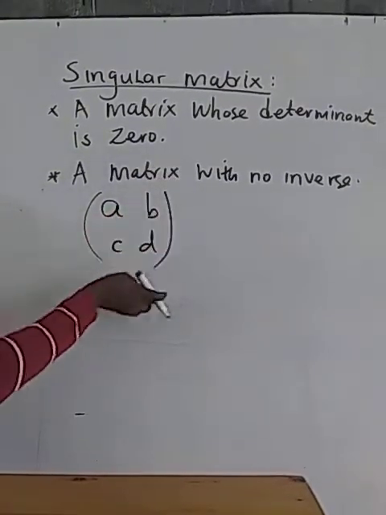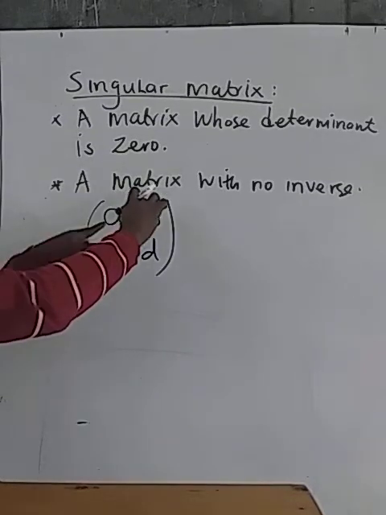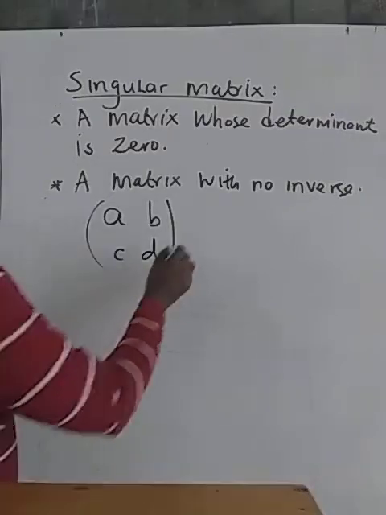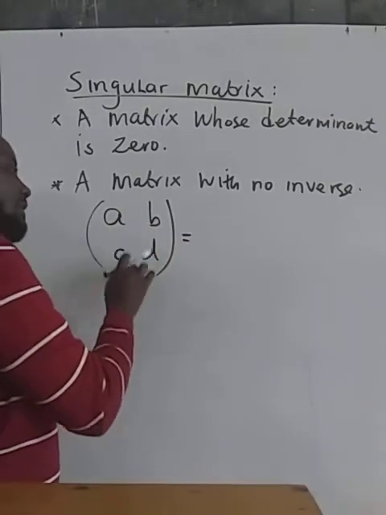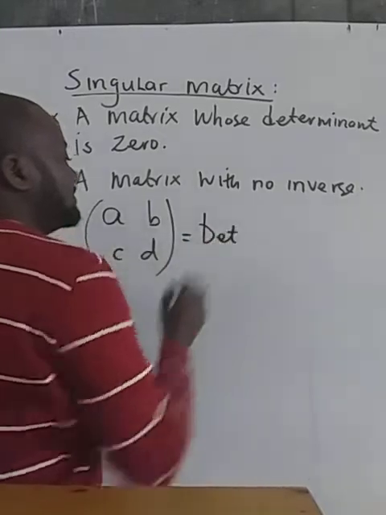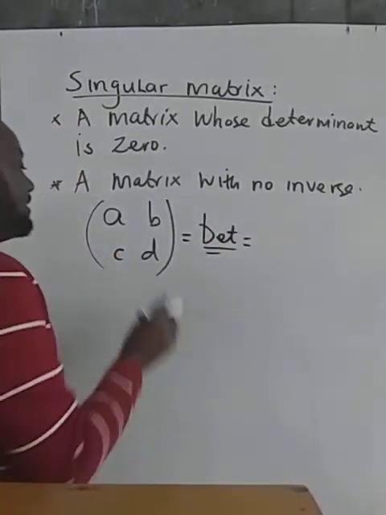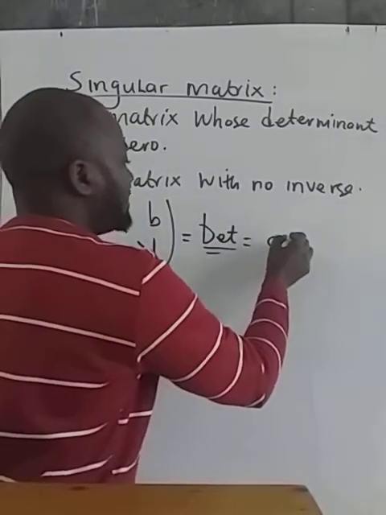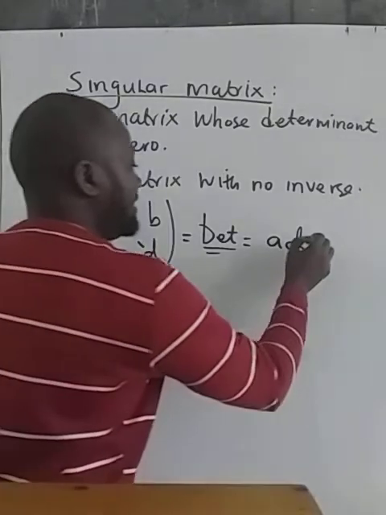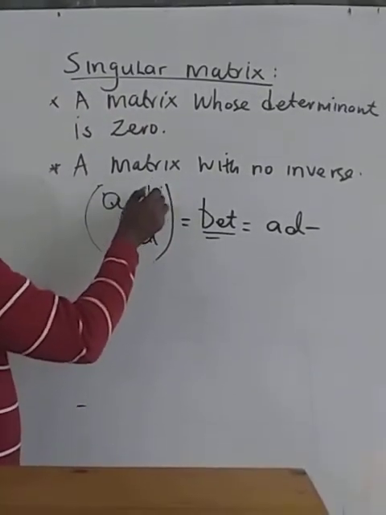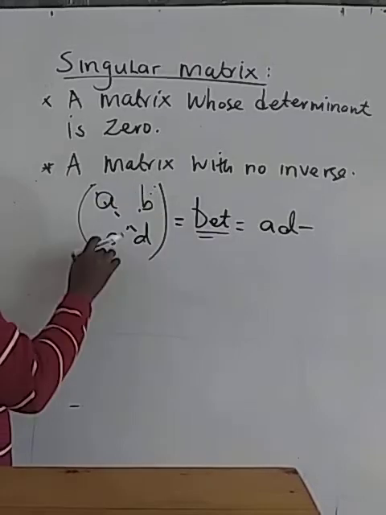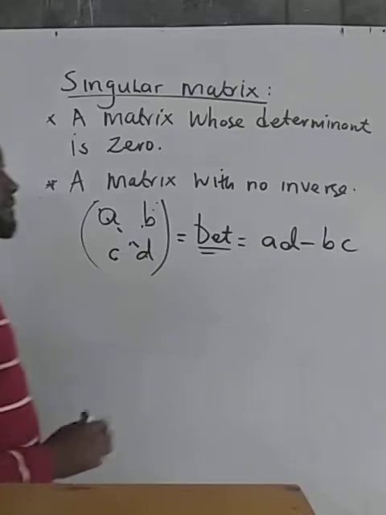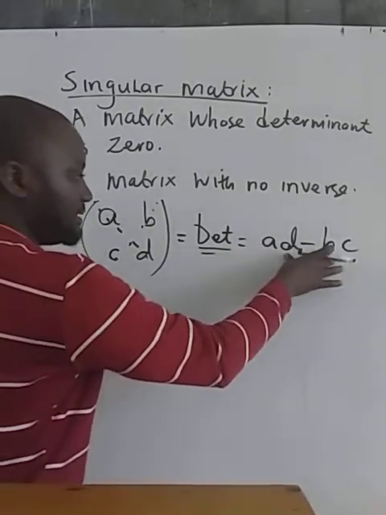For it to qualify to be a matrix, these elements should be enclosed by brackets. The determinant of this 2 by 2 matrix is given by the product of the elements in this diagonal, A times D, minus the product of the elements in this diagonal, B times C. This is how we calculate the determinant.